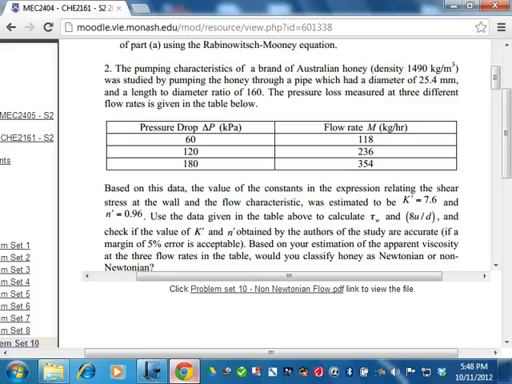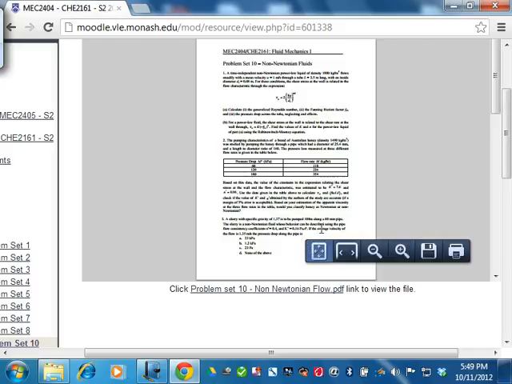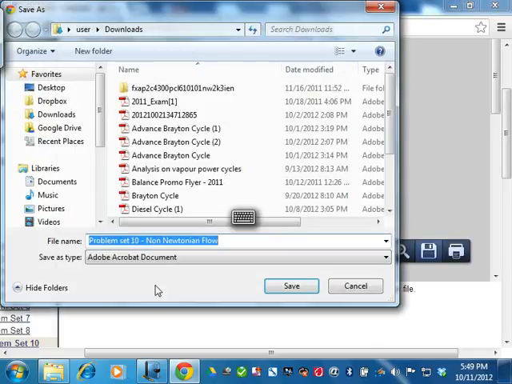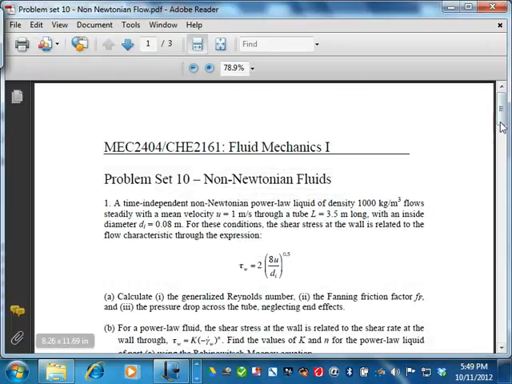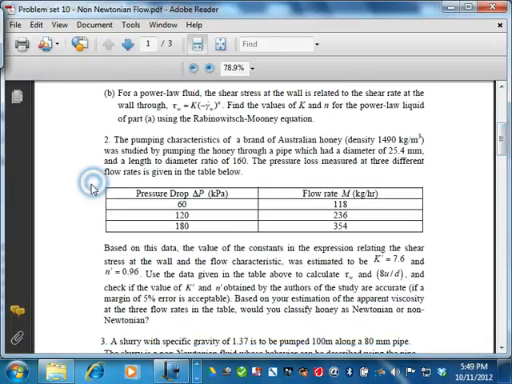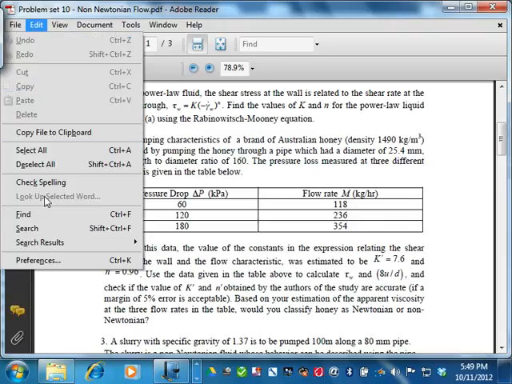Okay, based on that, calculate for each of these.